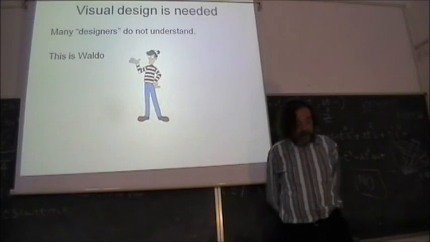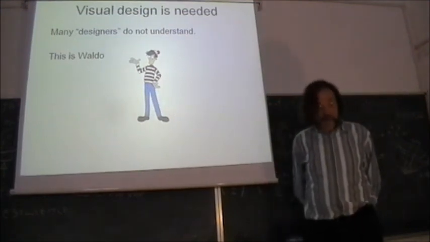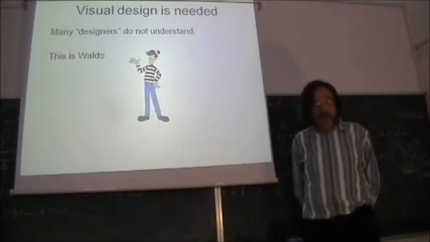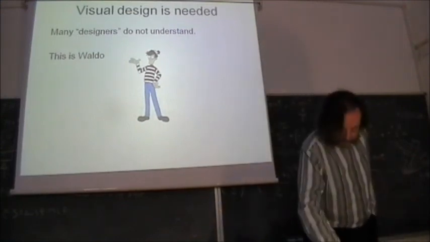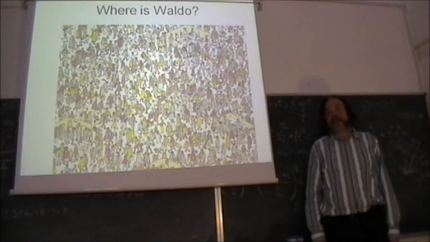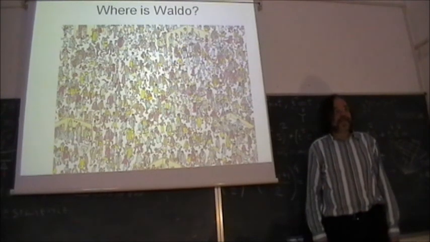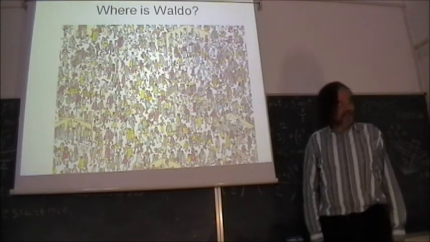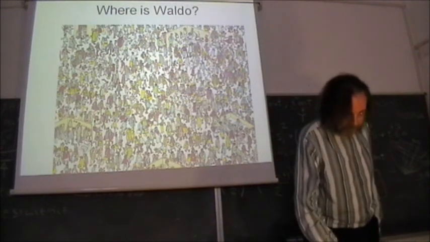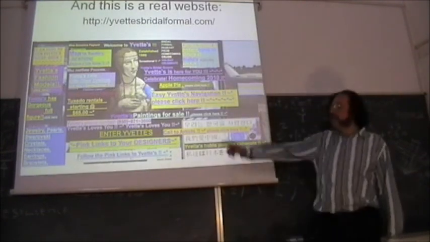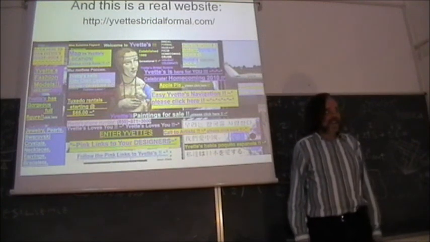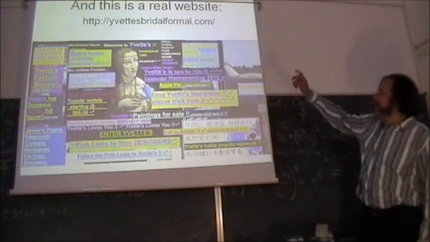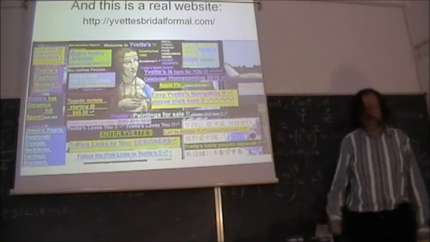And visual design is something that's difficult. Many people think they can design and they cannot. So this is Waldo. Now, find out where is Waldo. You see, this is not a good design. Neither is this. This is a real website. You can go there. If you ever consider to buy a wedding dress, you can go to this website.